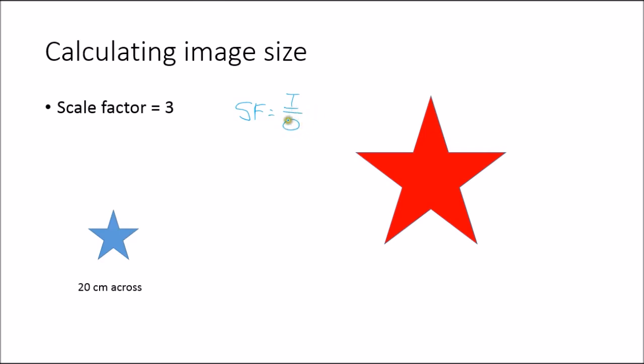So if I'm rearranging this, this is going back to the equation stuff that we've been doing before. To get I by itself, I'd have to multiply both sides by O, and so I would equal SF times O. So it's the scale factor times the object size. So in this case it would be 3 times 20, which equals 60 centimeters.